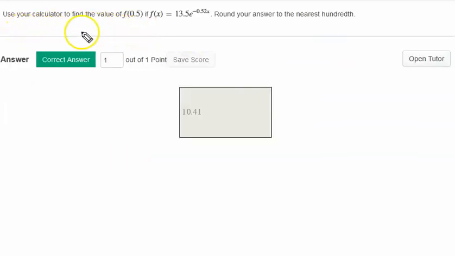In this example, we're asked to substitute 0.5 for the x.